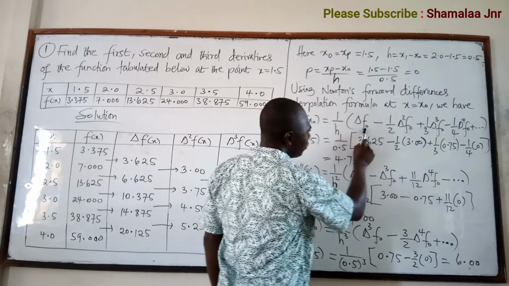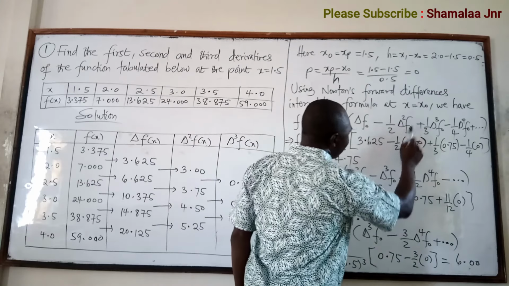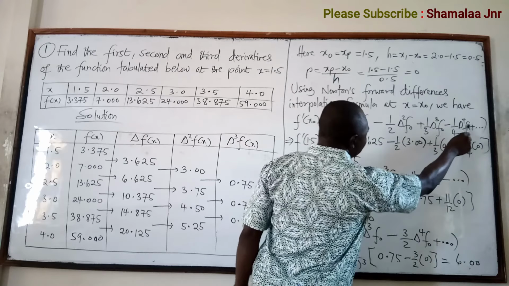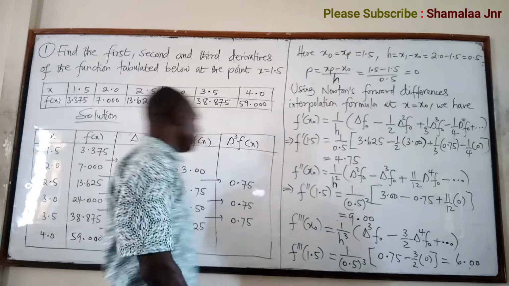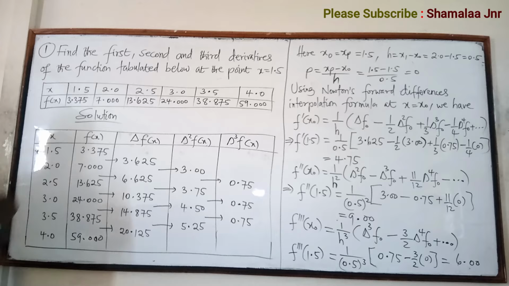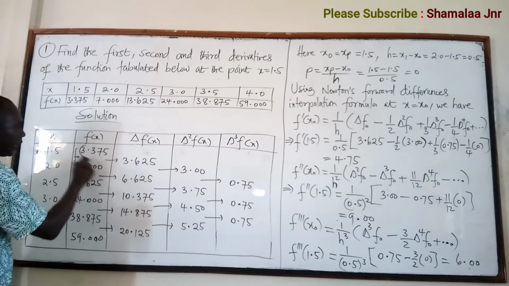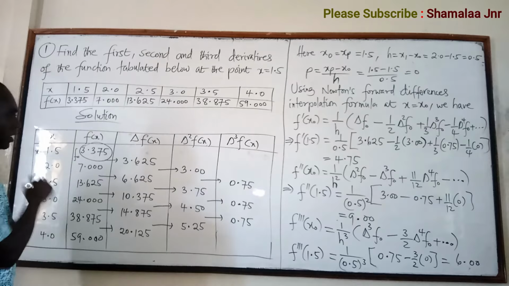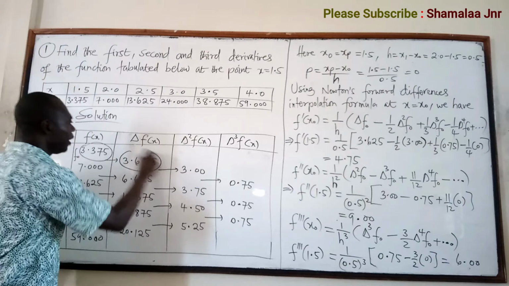This is delta f0, delta squared f0, delta cubed f0, delta raised to the power 4 f0. You see, we are saying that this one is x0. If this is x0, then this one will be the corresponding functional value f0. Isn't it? Now if this is f0, then this one will be delta f0.